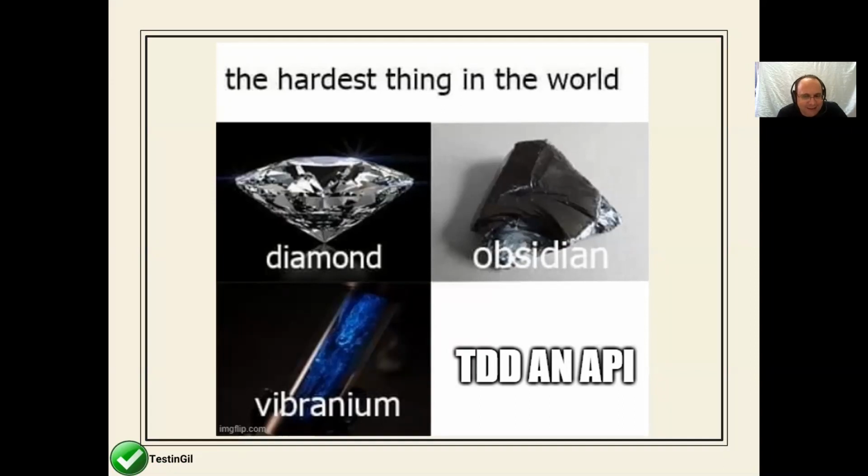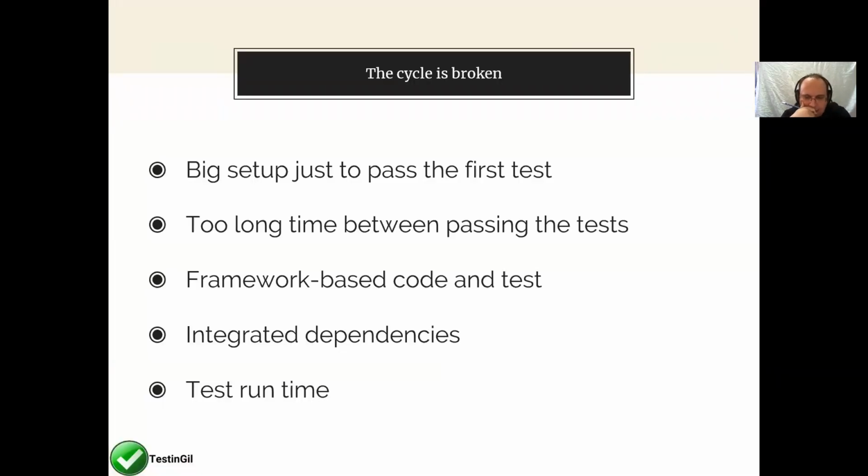Well, TDDing APIs is kind of a completely different beast. And there are reasons, because it's very hard. TDD has a lot of premises in it that don't appear when you're trying to test first an API.